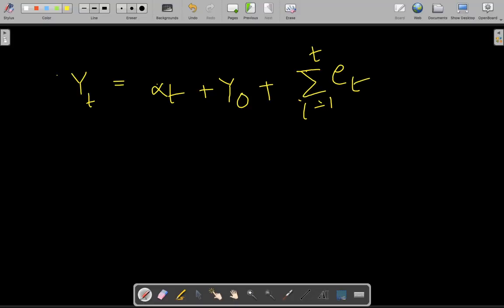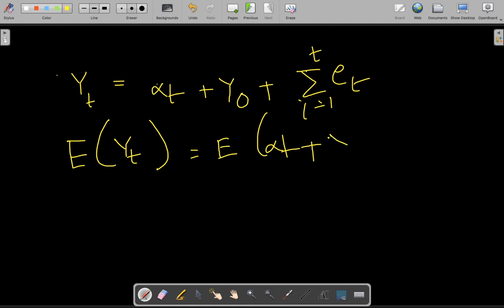Now similarly, let me take the expectation of yt for the random walk with a drift. I have the expectation of alpha t plus y0 plus the summation of epsilon i, i equal to 1 to t. The expectation of alpha t is alpha t, because that's constant.